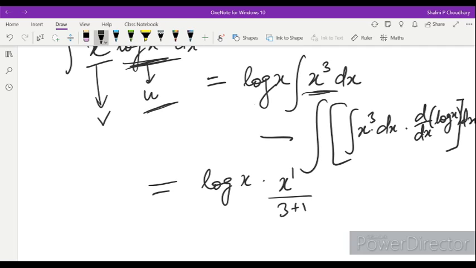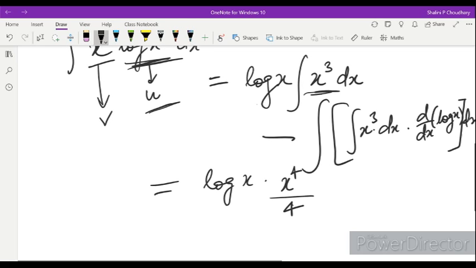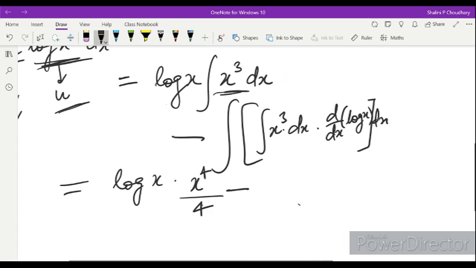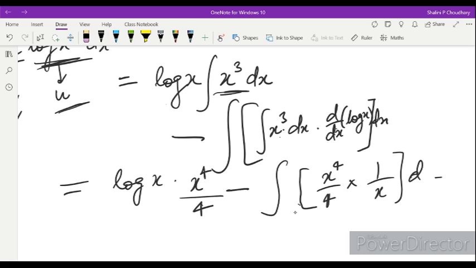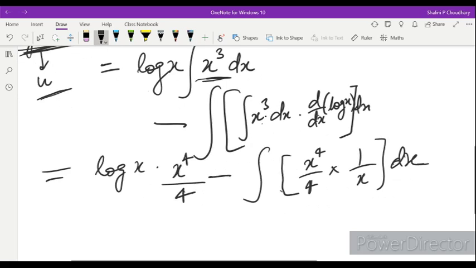So directly we can write x to the power 4 divided by 4, minus the integral of x to the power 4 divided by 4 multiplied by the derivative of log of x. The derivative of log of x is 1 upon x, and again we have to find the integral with respect to x.